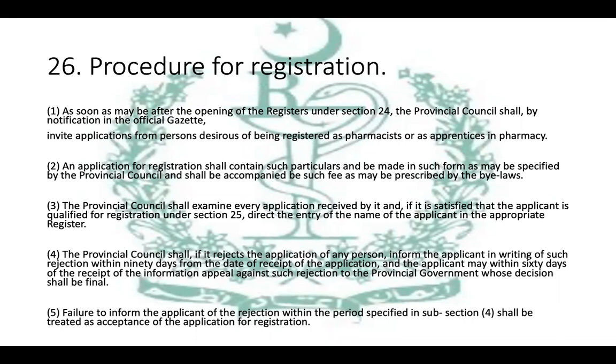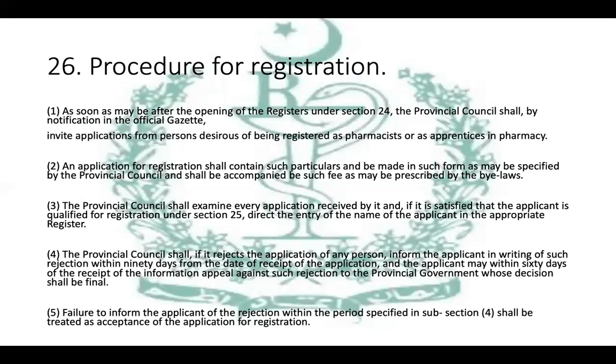Then they go for 26(5). Failure to inform the applicant of rejection within the period specified in subsection 4 shall be treated as acceptance of the application for registration. If within 90 days they are not informed in that period, it means that he has been registered.